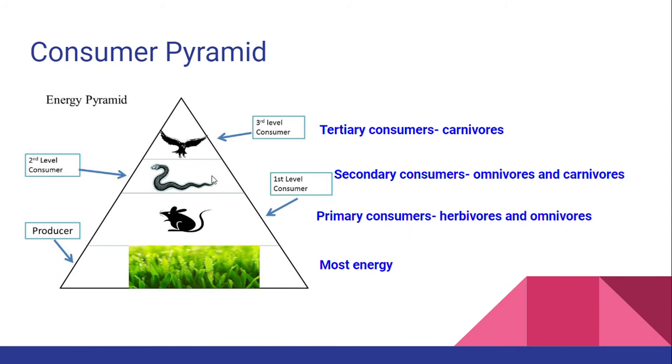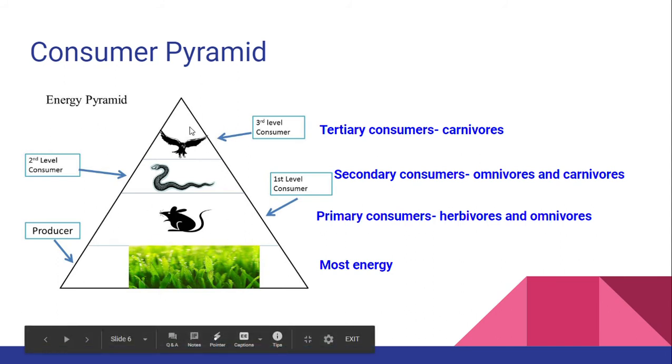The level above these are secondary consumers, which are comprised of omnivores and carnivores. So there's no herbivores in this level, and they either eat only animals or they eat both animals and plants. So what do all these levels mean? Well, before we ask ourselves that, what do you notice about the shape of the pyramid? Well, it looks like a triangle, so it's wide at the bottom and pointy and skinny at the top.